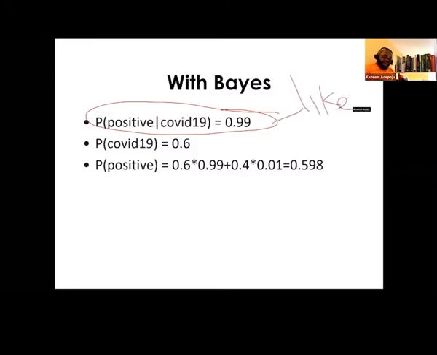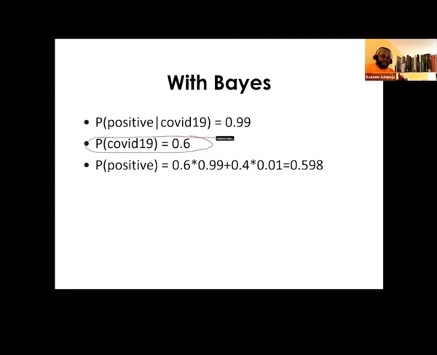They arrived at 99% because they've used that machine over time and realized its accuracy. That is why it is likelihood. Then we're told that 60% of the people have COVID. That's a prior. The probability of COVID-19 is 0.6.